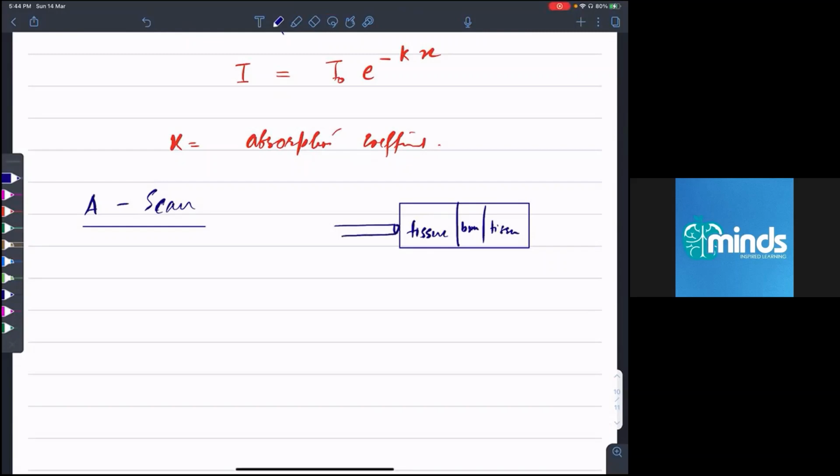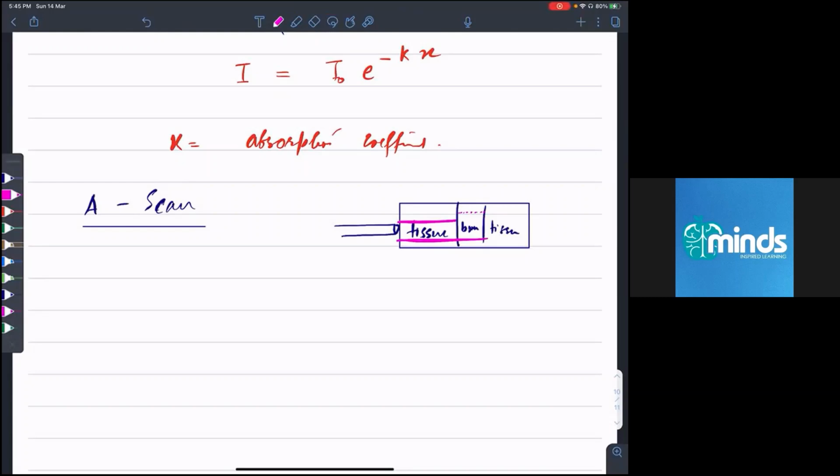So A scan actually tries to figure out how far the different boundaries are. It will try to identify this distance, and this distance, so that it can decide what is this distance. Are you getting it? That's why I say it is relative. Relative means in reference to the position of the probe. How far apart the boundaries are from the probe or transducer.